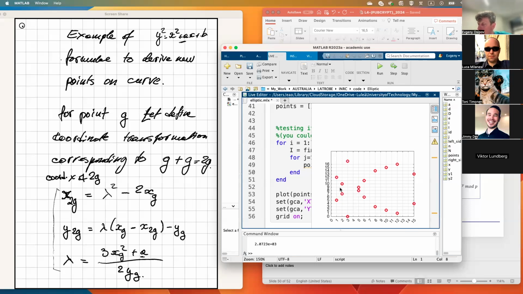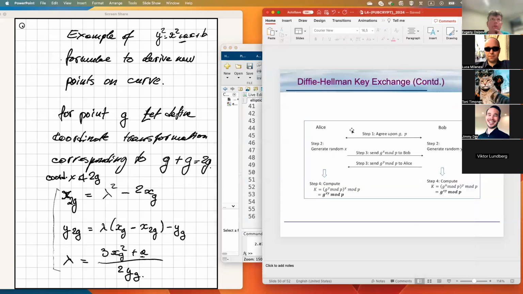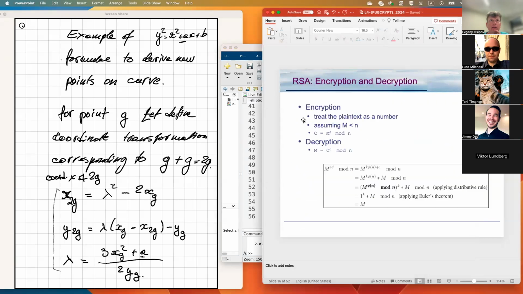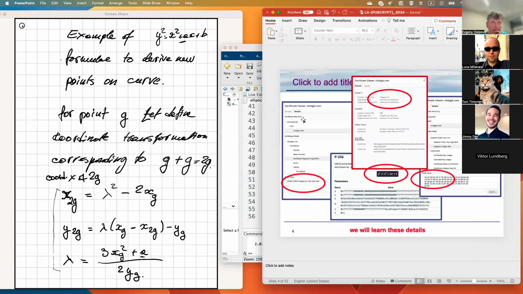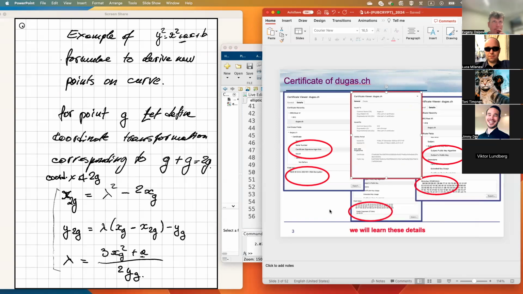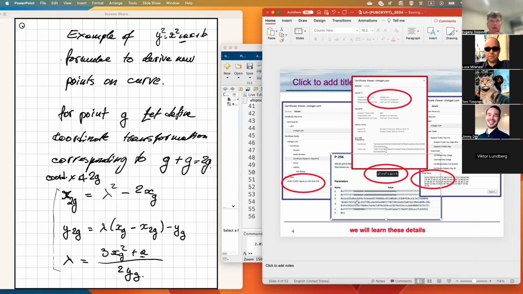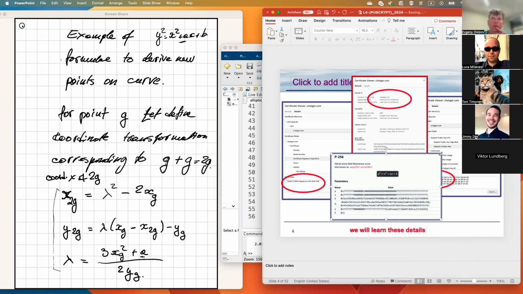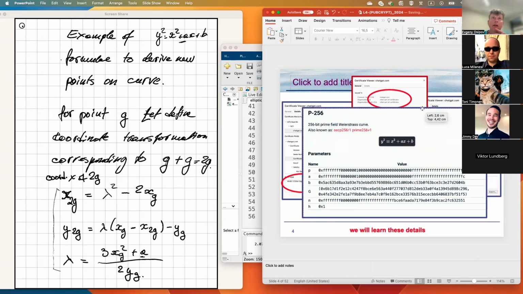If you are given some coordinates x and y, and I will show you where, or I can show you already now, if we go again to the very first slides, this one. Let me just bring it up and enlarge it.